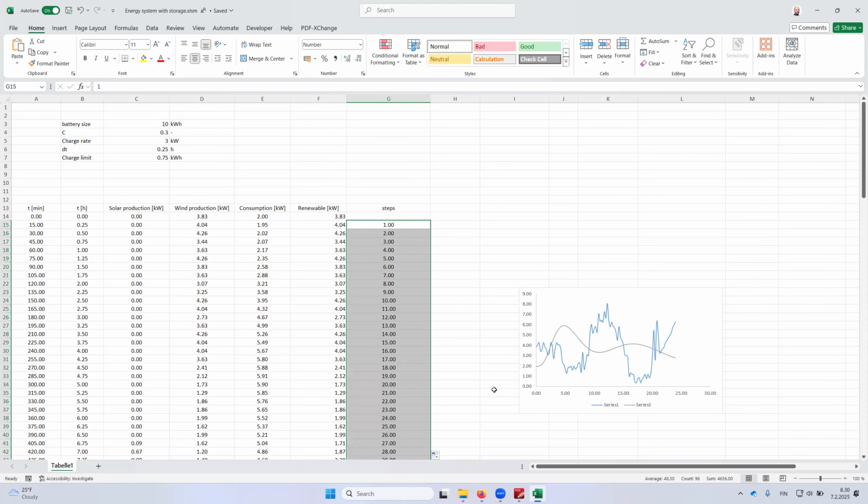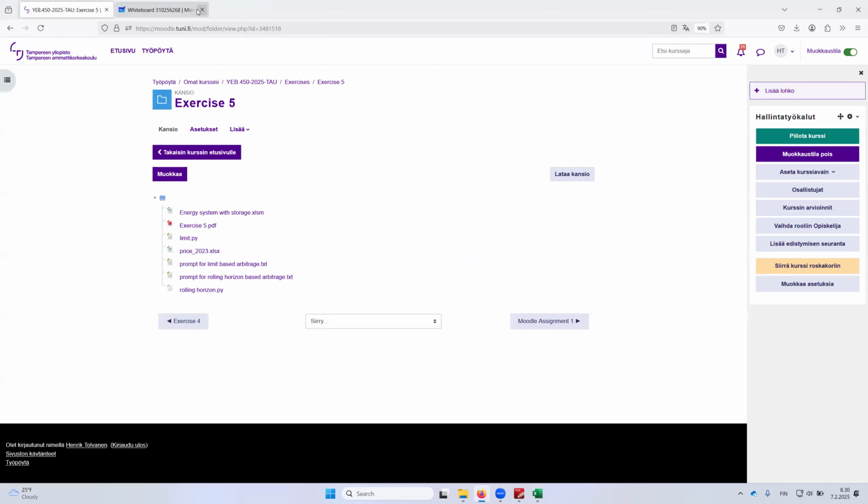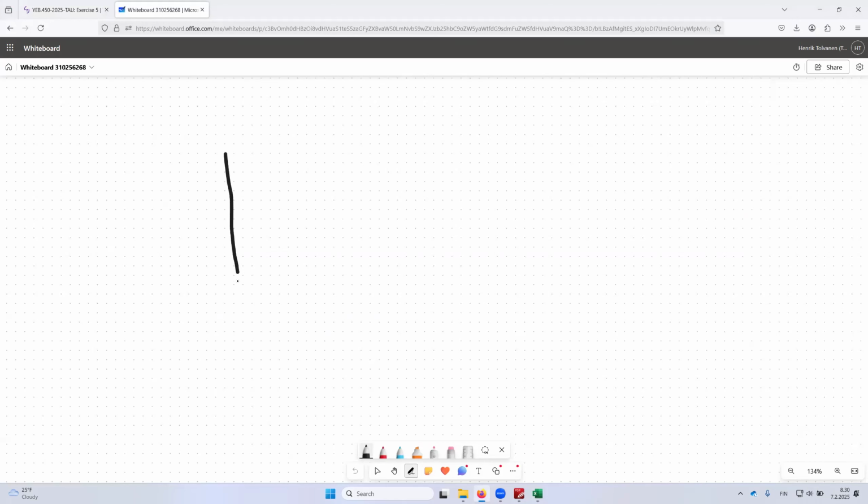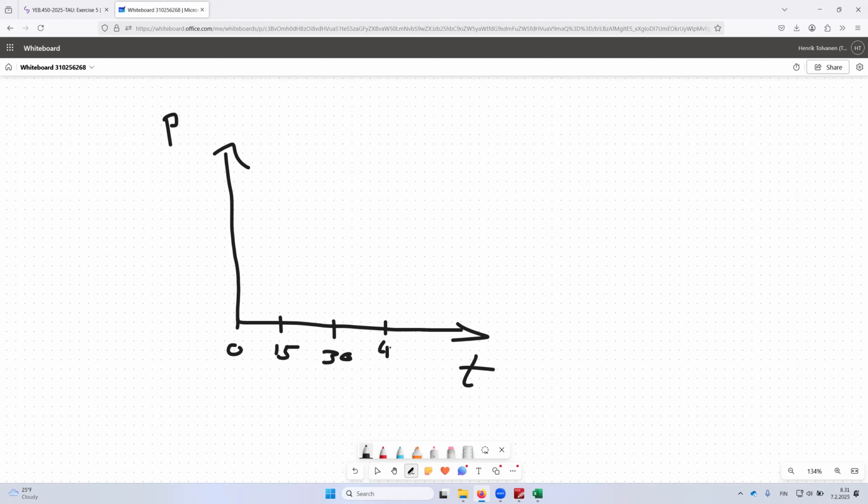And I'm going to start from the second value. What that means is, let's put it in the whiteboard. If I have, for example, an hour worth of value, this is time, this is hour, and you have 0 in here, 15 minutes, 30 minutes, 45 minutes, and 1 hour, 60 minutes.